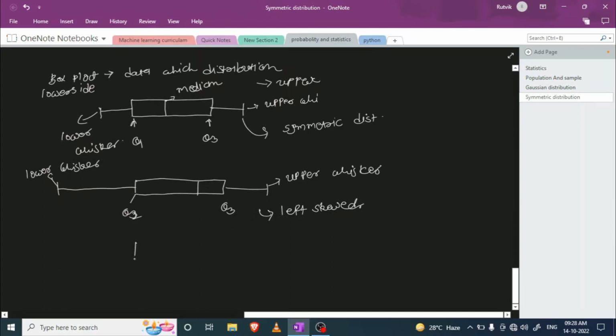Now we have a graph like this, where our lower whisker is quite short and the upper whisker is quite longer. That means our graph follows a right skewed distribution.